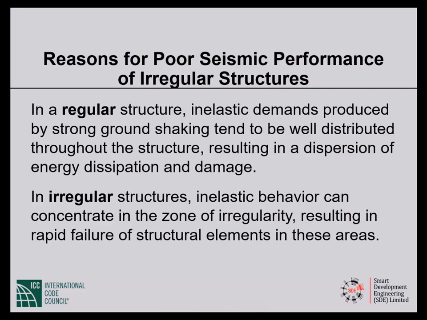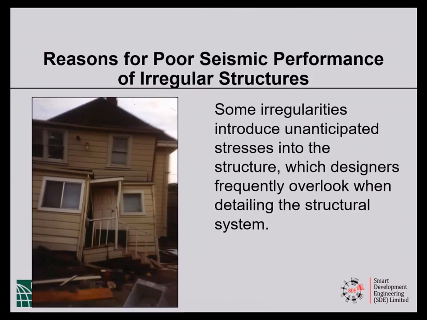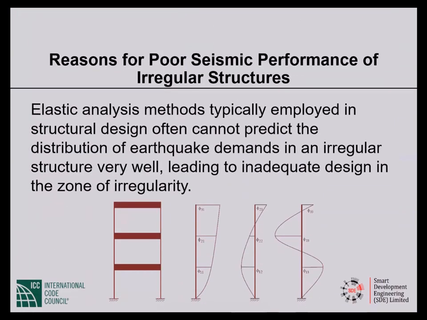So it is the uneven distribution of inelastic displacements that is the problem with irregular structures. Some irregularities introduce unanticipated stresses into the structure, which designers frequently overlook when detailing the structural system. You see the picture to the left. It is pretty descriptive.